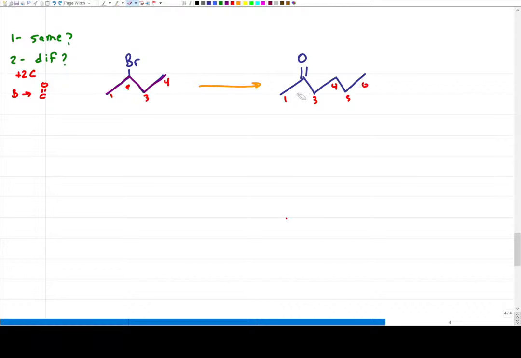And the reason I point this out is even though we're going to work backwards and do one step at a time, you always want to have a general idea of where you're going. And so the question to consider is, if I have to turn bromine into a ketone, I kind of know how to do that. I can turn it into an alcohol, oxidize it to a ketone.